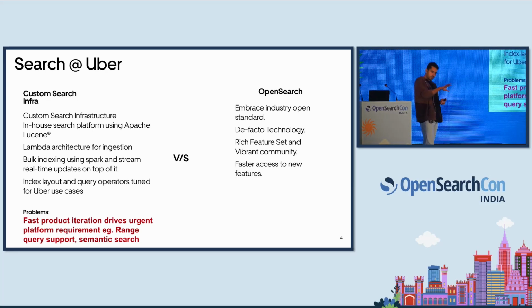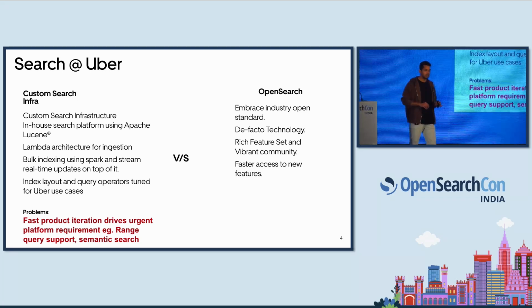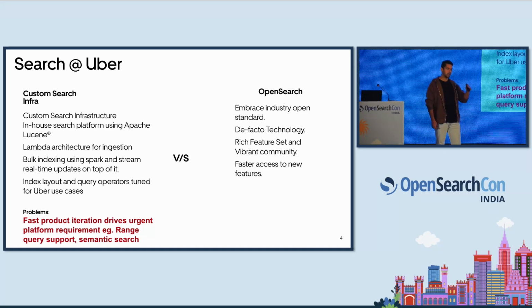And then you have streaming updates so that you can get real-time updates on top of your batch ingestion model. So the batch ingestion pipeline would read data from a source of truth and build a Lucene index, and then you would stream any updates on top of your batch ingestion, so you get real-time access to your indexed data.